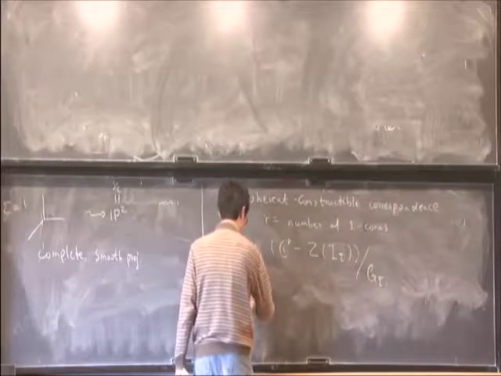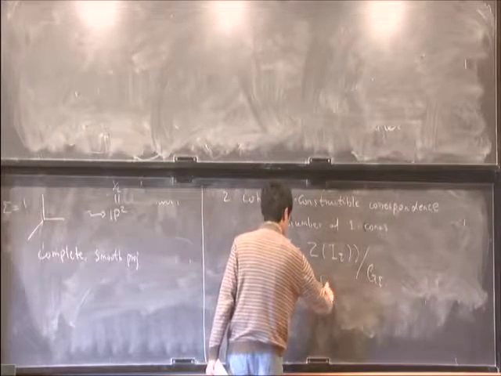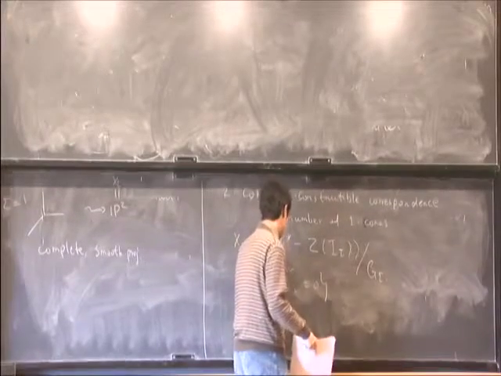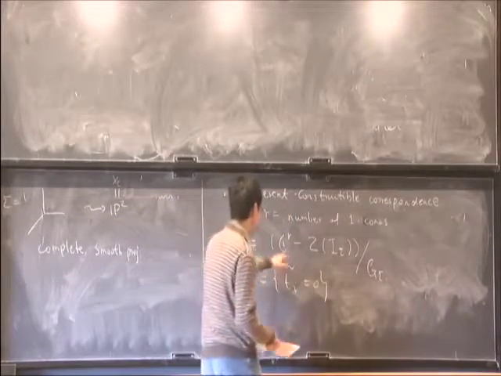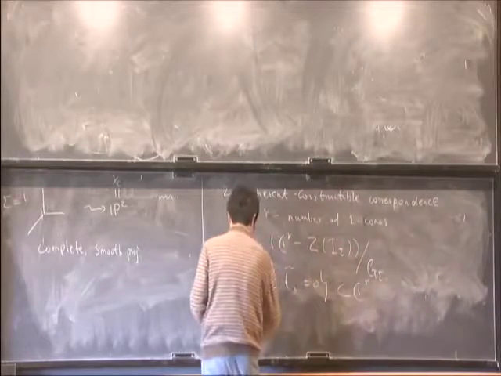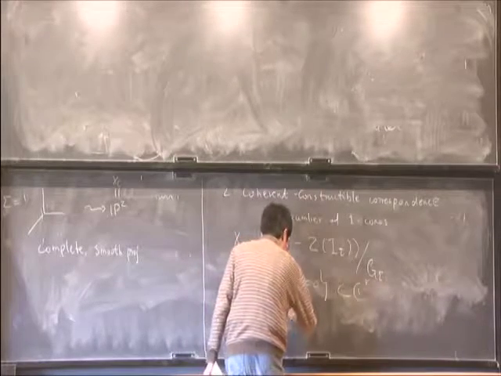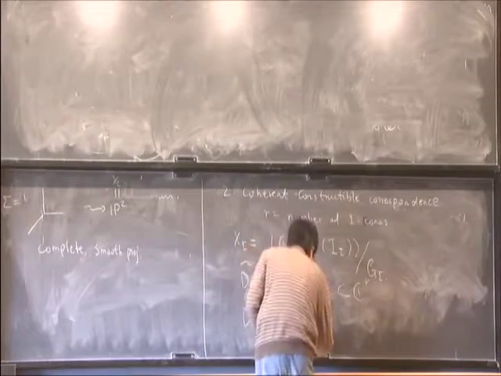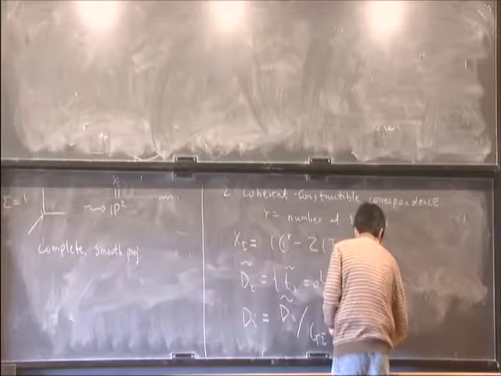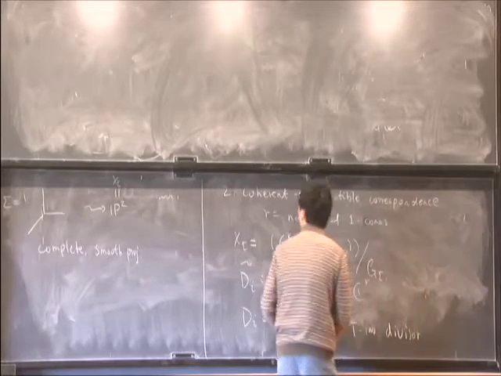And this D_i tilde is simply the ith coordinate plane in C^R, and D_i without tilde is its image, the T-invariant divisor.